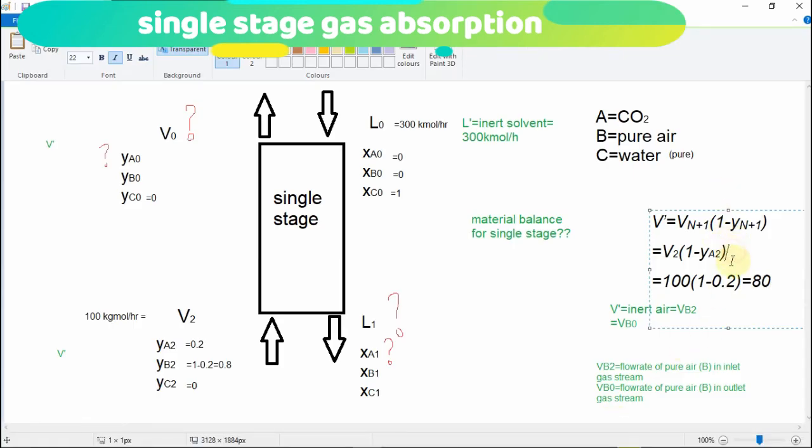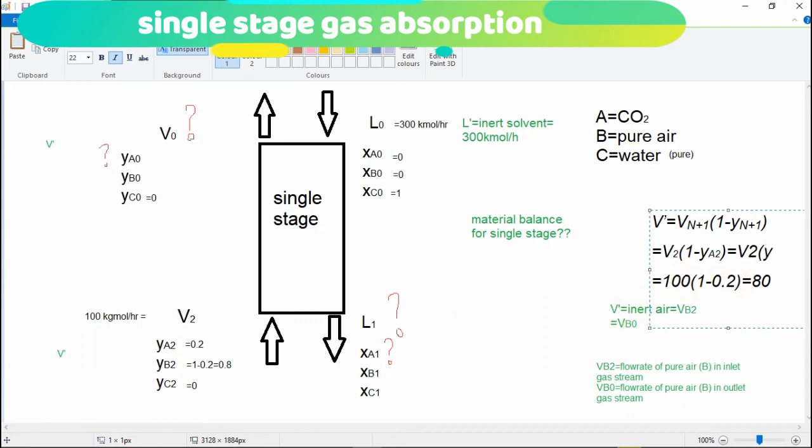Or in other words, this is actually V2 multiplied by the mole fraction of component B, because V prime refers to inert air. Air is component B, pure air. So of course the total flow rate V2 multiplied by the mole fraction of pure air, which is YB2, equals V prime, which is the V inert.